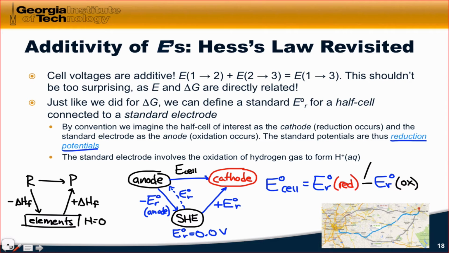The reason we use a negative sign here is conceptually exactly the same as why we use a negative sign in calculating delta H of reaction as the sum of product enthalpies of formation minus the sum of reactant enthalpies of formation. To clarify this cell voltage equation, you may also see this written as E°R for the cathode, which will be positive, plus a negative or minus E°R for the anode.